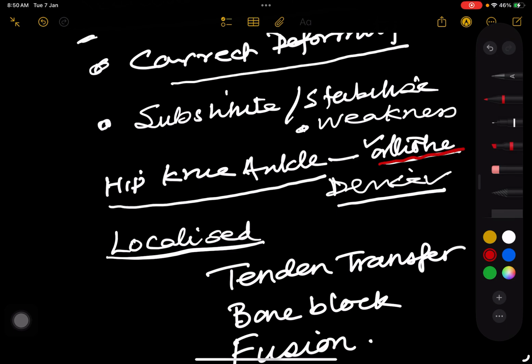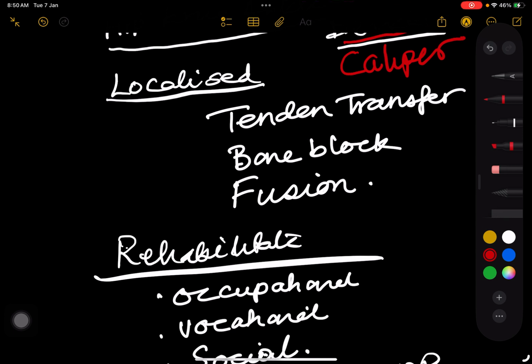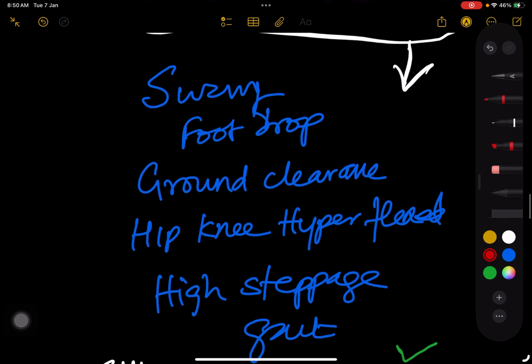Then you use an orthotic device or caliper. If the problem is localized, then you do a tendon transfer, a bone block, or a fusion. We'll give you examples.